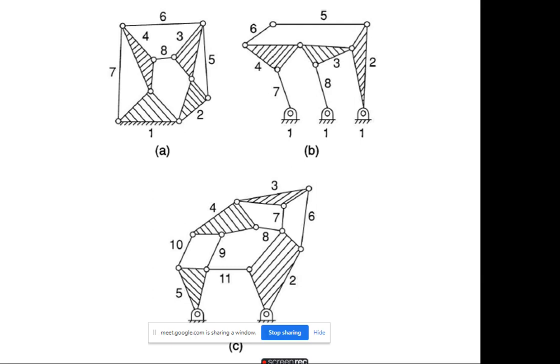Anyone, just quickly try to solve this. Take one paper and try to solve this problem. The numbering of links is already done, so it is there. You just have to count the lower pairs and then the higher pair.